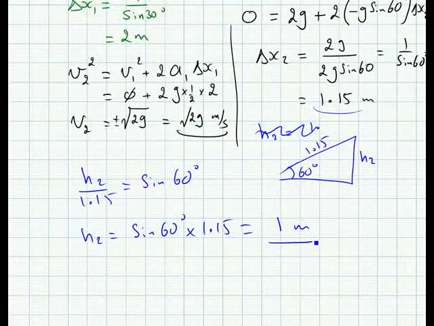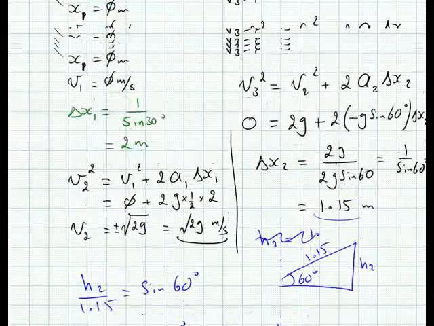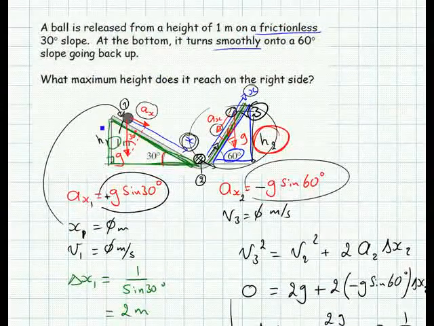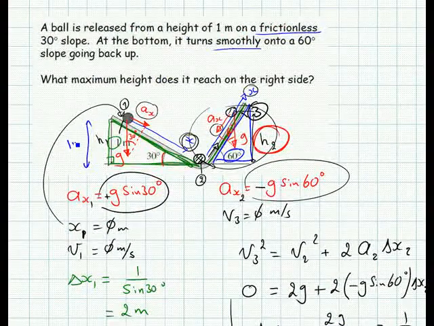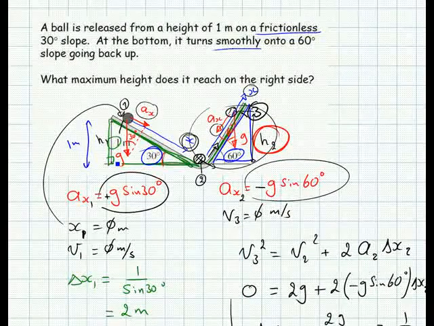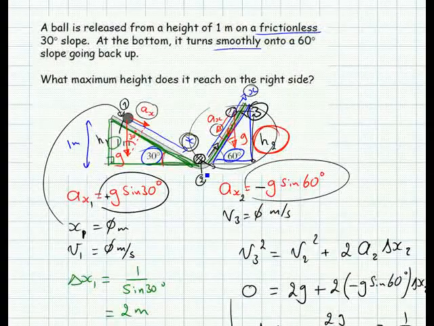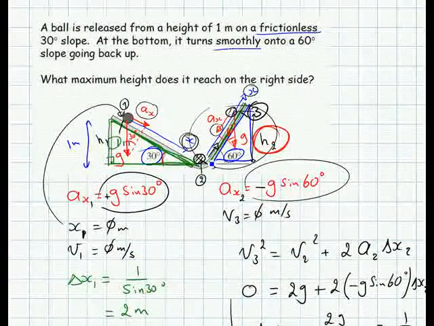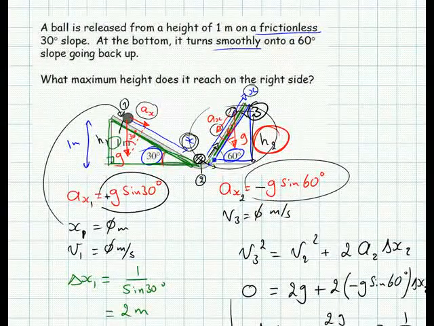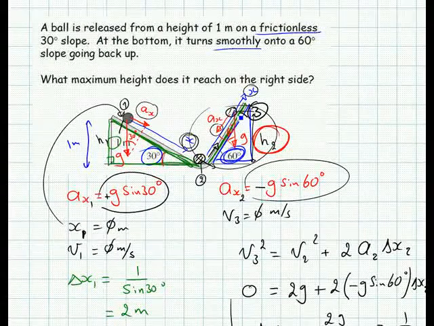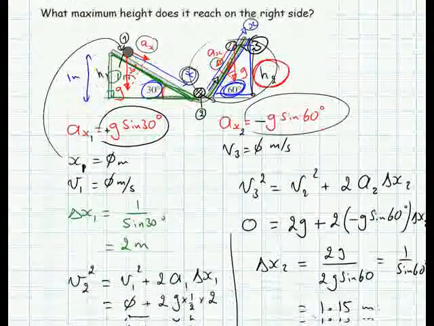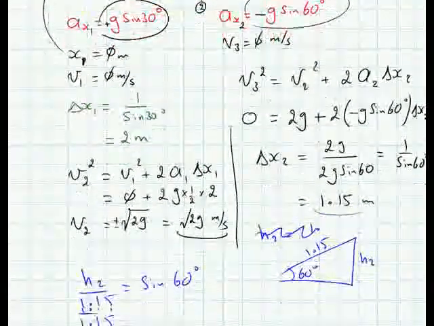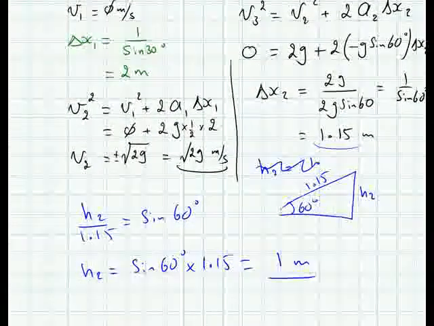An interesting result, which shows that an object which started 1 meter up a 30-degree slope slides down, and if there's no friction-type forces involved, it turns around smoothly, goes up a 60-degree slope, and reaches the same height, the same elevation as it had before on the upside.